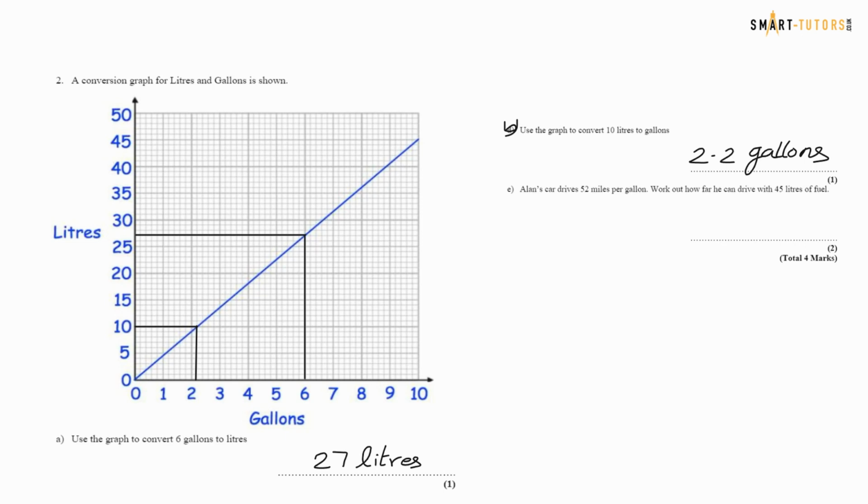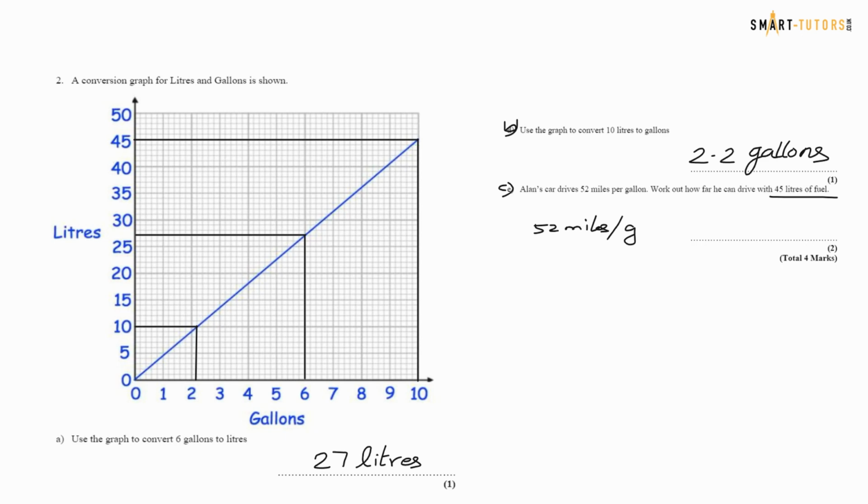Question number C, Alan's car drives 52 miles per gallon. Work out how far he can drive with 45 liters of fuel. So 45 liters of fuel means you need to convert that 45 somewhere here, and that comes to 10 gallons.